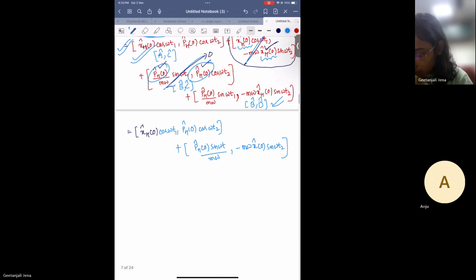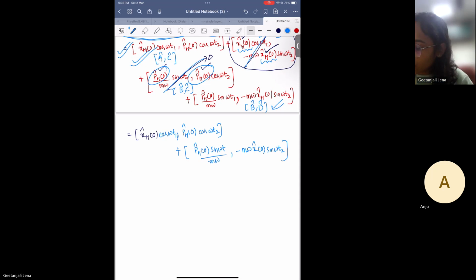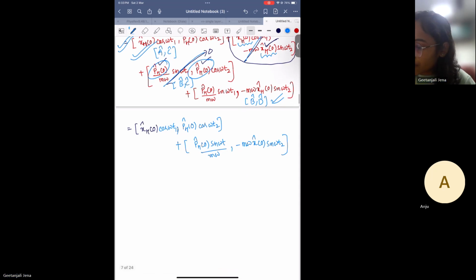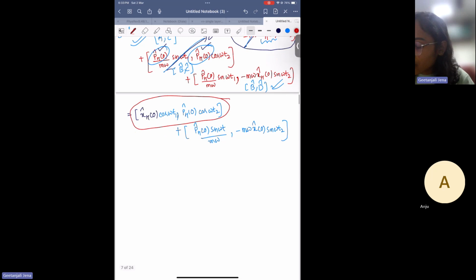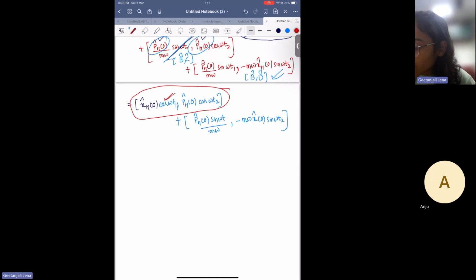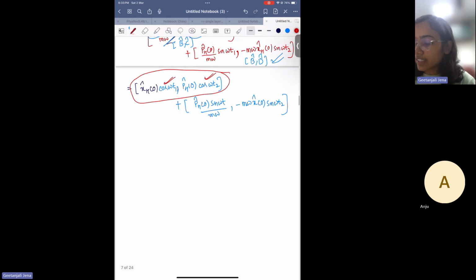Now if you see the first expression, the terms cos omega t1 and cos omega t2 are constants, so you can take out these constant terms from the commutation relation. The final is the commutation of x(0) and p(0), with the constant term cos omega t1 cos omega t2.